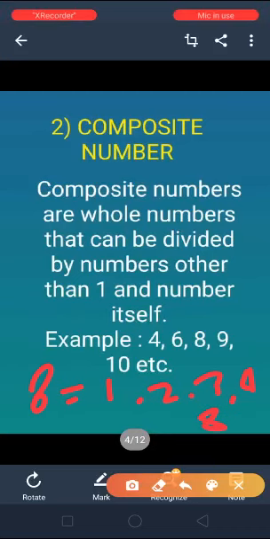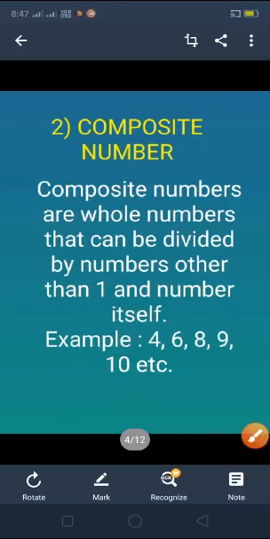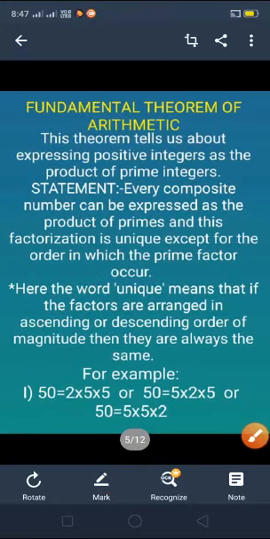Means 1, 2, 4 and 8 are the factors of this number. So this is a composite number. Next one, the main topic which we have to learn here, that is the fundamental theorem of arithmetic.